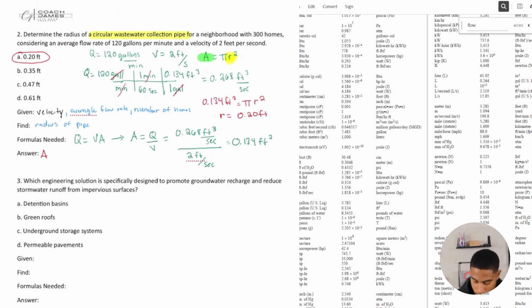Okay. So let's look at number 3. This one says, which engineering solution is specifically designed to promote groundwater recharge and reduce stormwater runoff from impervious surfaces?